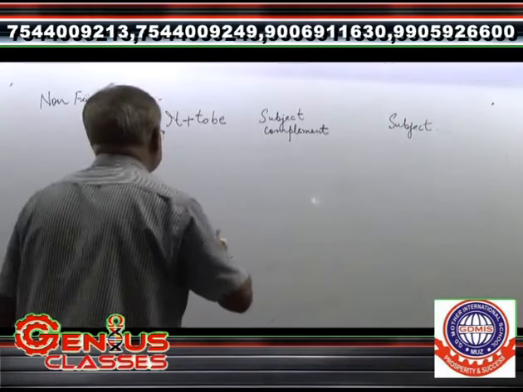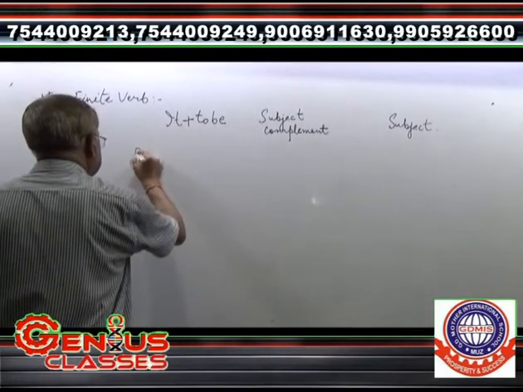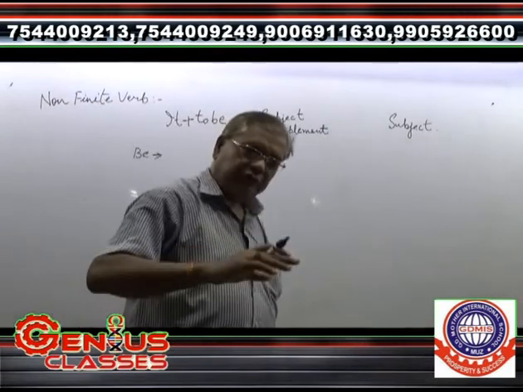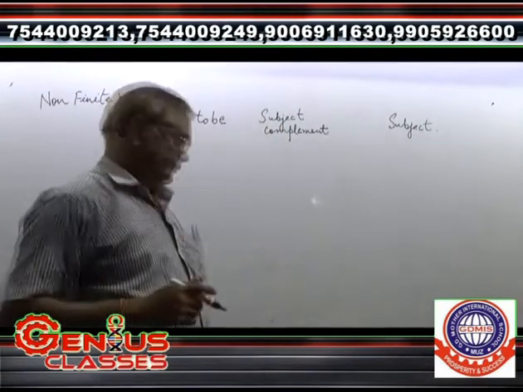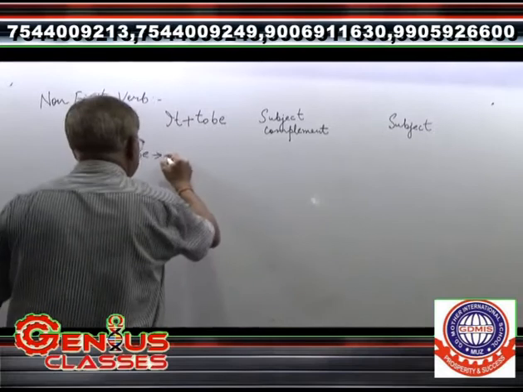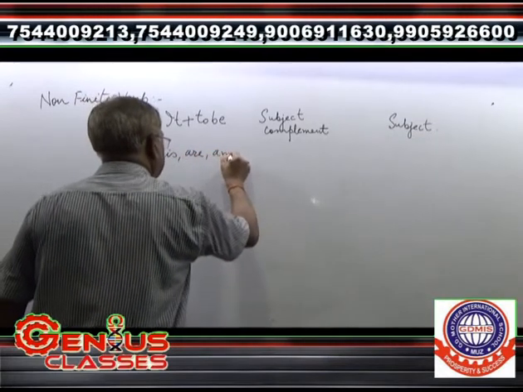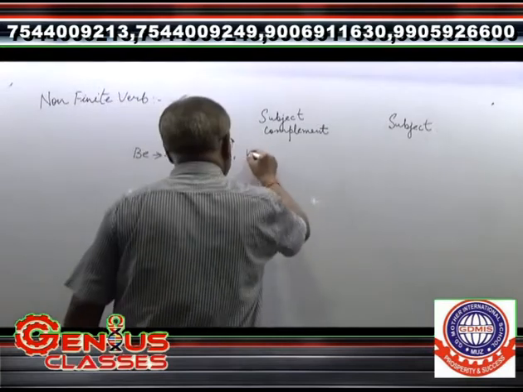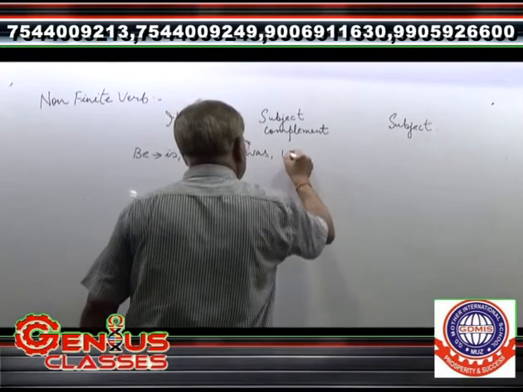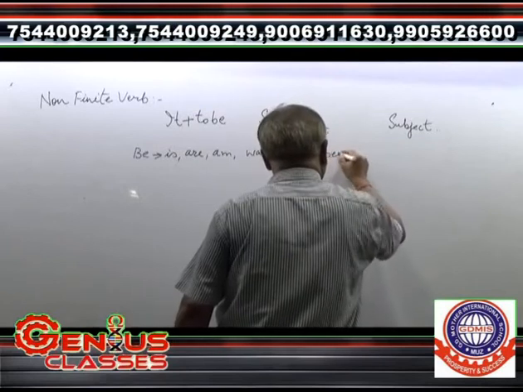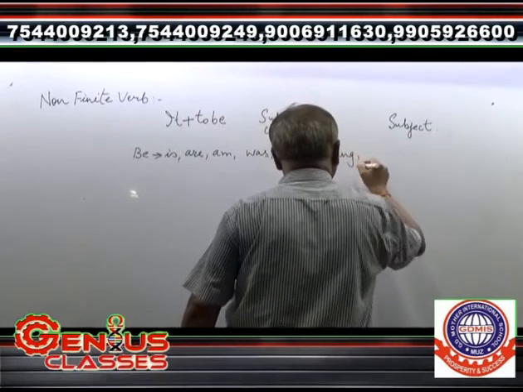From the word be, different verbs can be originated. That is, is, are, am, was, were, being.